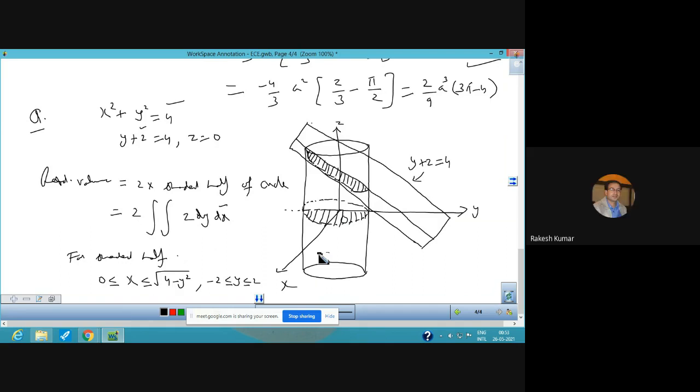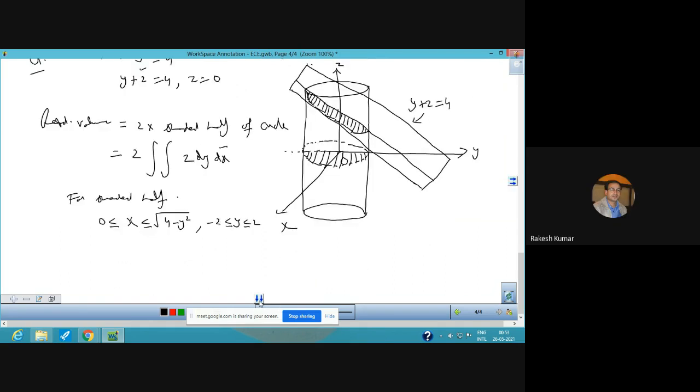So we have this, and now the volume is 2 times the integral, y from minus 2 to 2, x from 0 to square root of 4 minus y square, and z can be calculated from here, that is 4 minus y, dy dx.